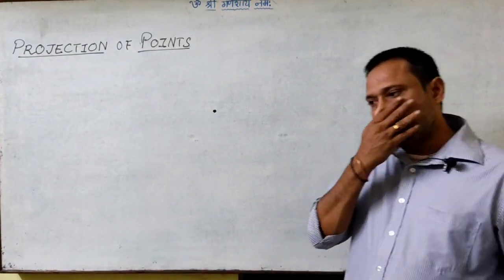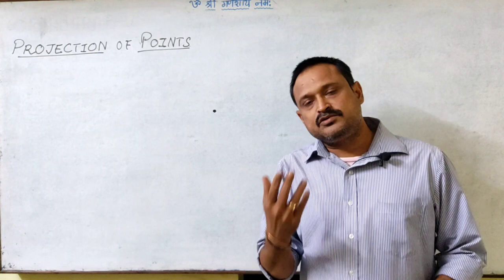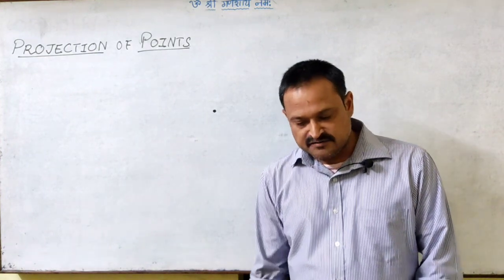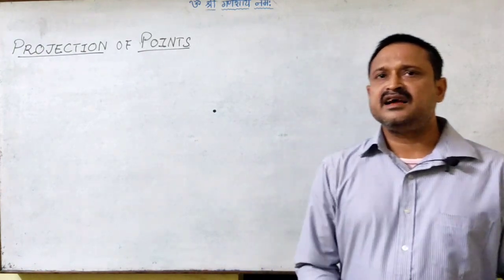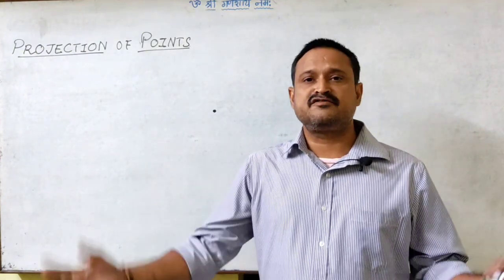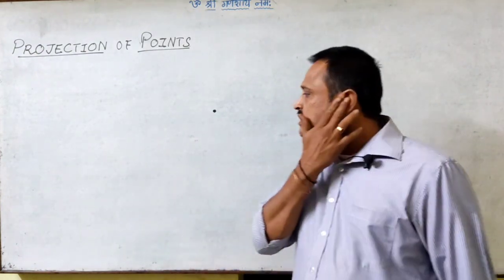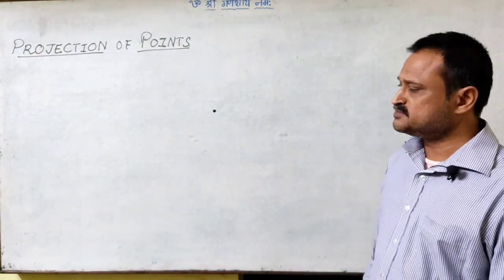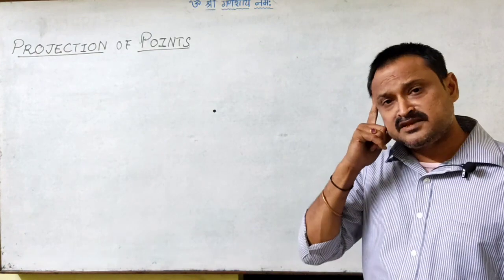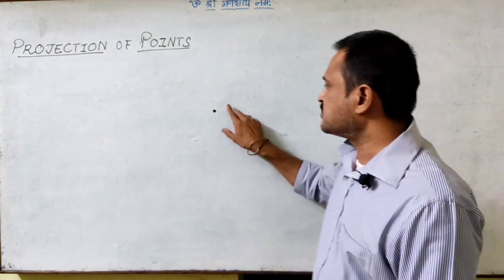If we are in a position to understand how to get the image of a point in the quadrant system, then definitely I can get the images of n number of points, and thus I can draw my object, the image of the object. That is why understanding the projection of a point is important.